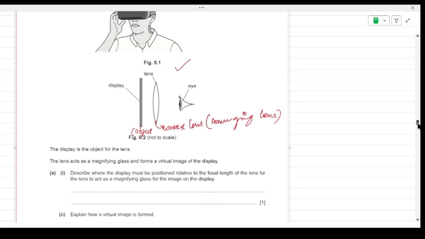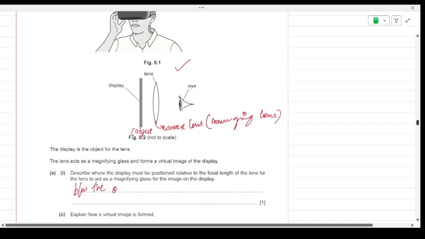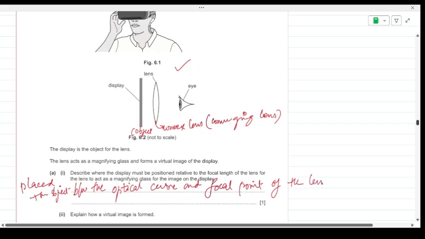Describe where the display must be positioned relative to the focal length of the lens, for the lens to act as a magnifying glass for the image on the display. For the lens to act as a magnifying glass, we have to place the object between the optical center and the principal focal point of the lens.